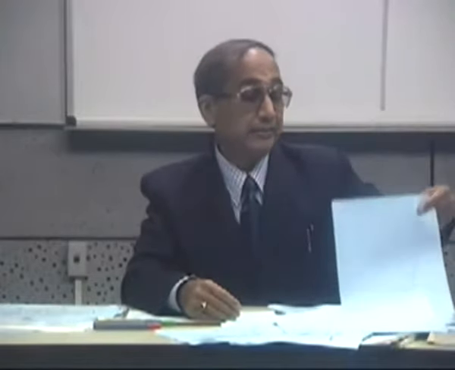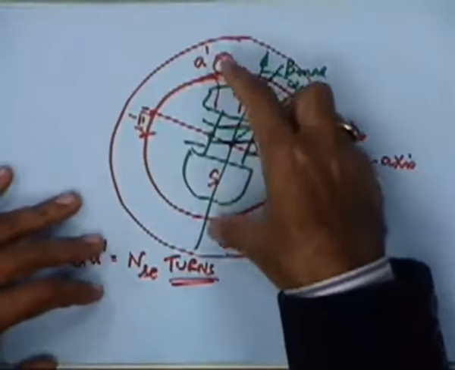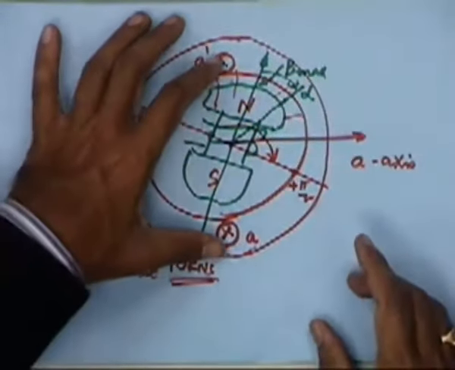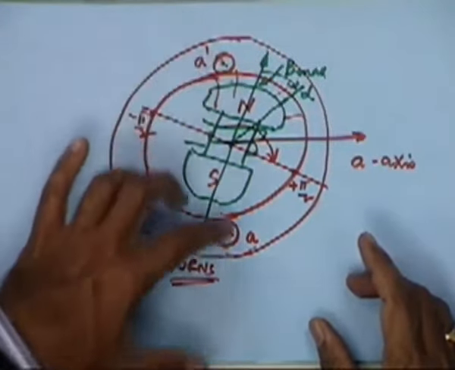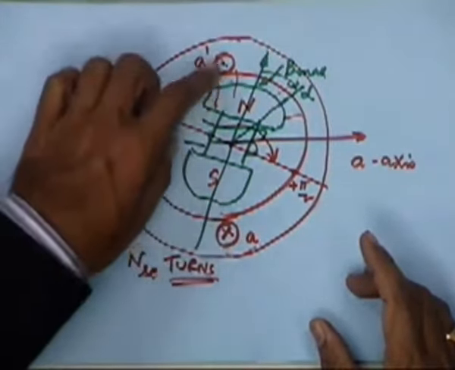Now with this we will move on to some other modifications of the winding. In the winding which we have seen here, a coil is made up of two coil sides which are displaced by 180 degrees.